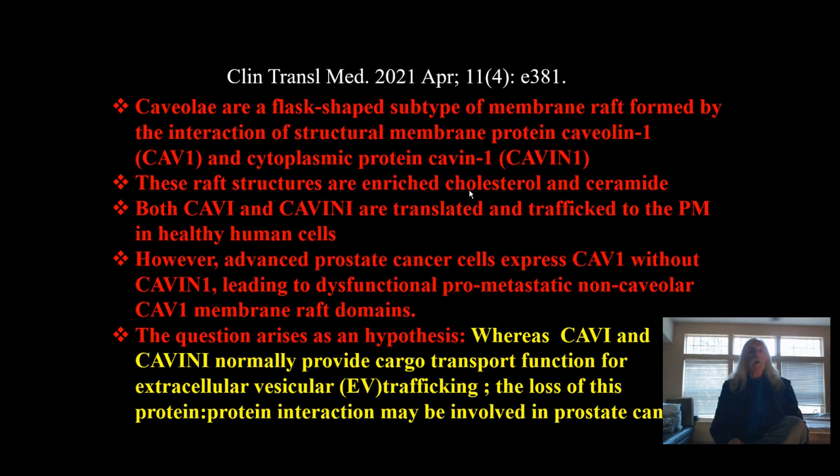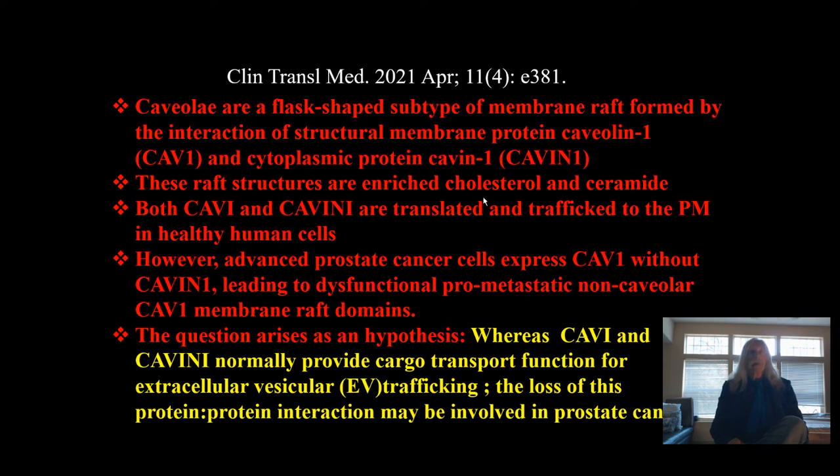Whereas CAV1 and cavin-1 normally provide cargo transport function for extracellular vesicular trafficking, we call that EV, the loss of that protein-protein interaction within that membranous system may be involved in prostate cancer.